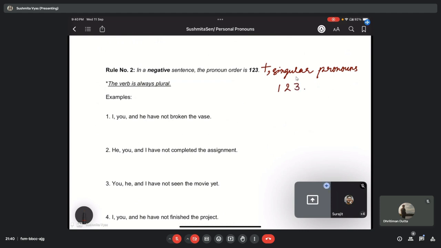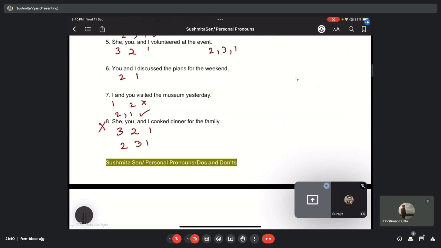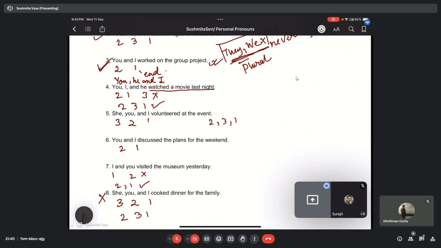The idea is, whenever something negative happens, you will always take the blame first. But if you do something positive, we always take credit at the end. That is why in positive sentences, "I" always comes at the end, because you did something positive, so this is something you should take credit for.